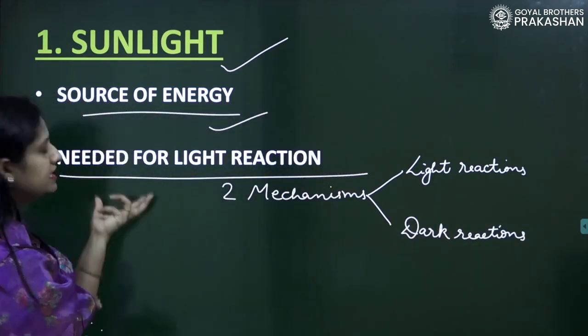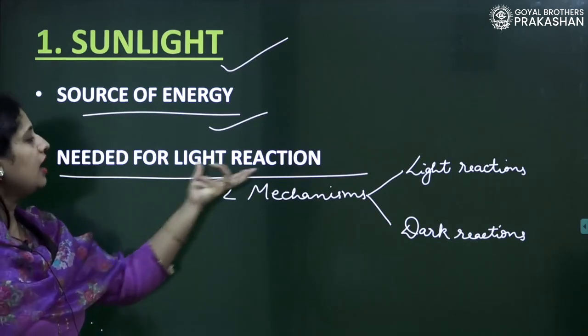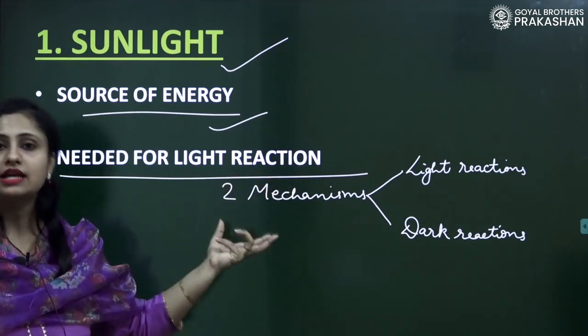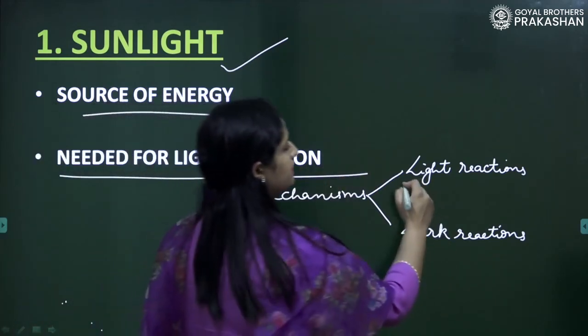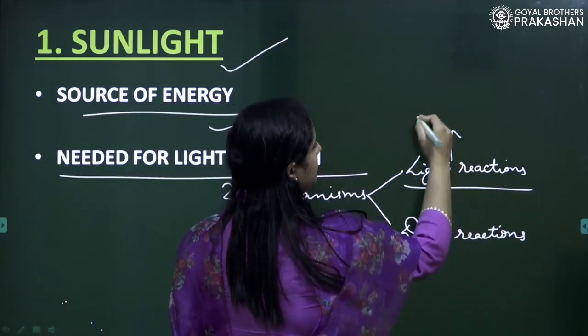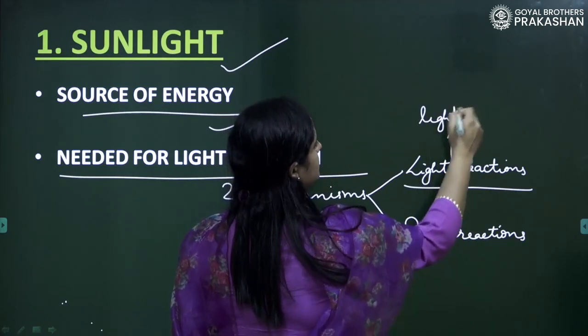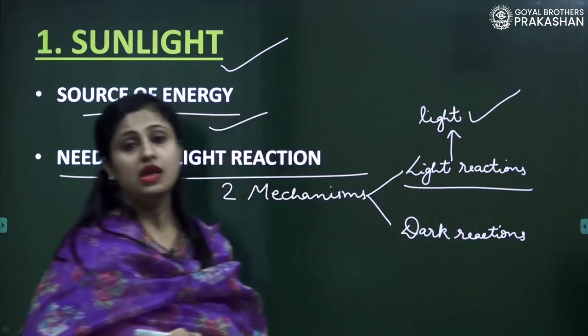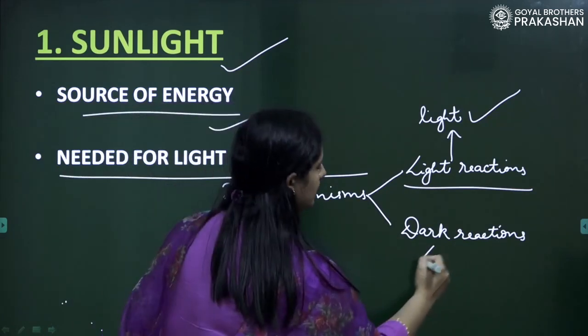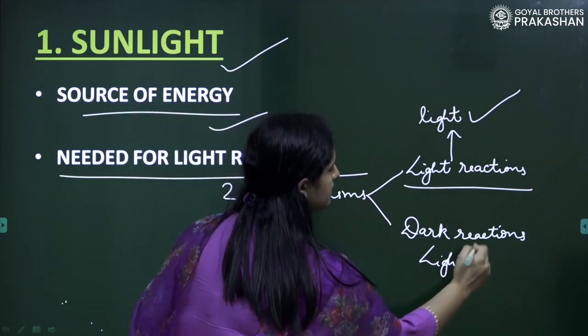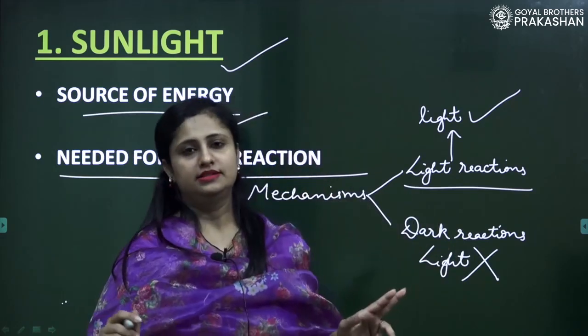So it is written here that sunlight is needed to carry out the mechanism of light reaction for the plants. For light reactions, we have studied that light is required. But in case of the dark reactions, light is not required.